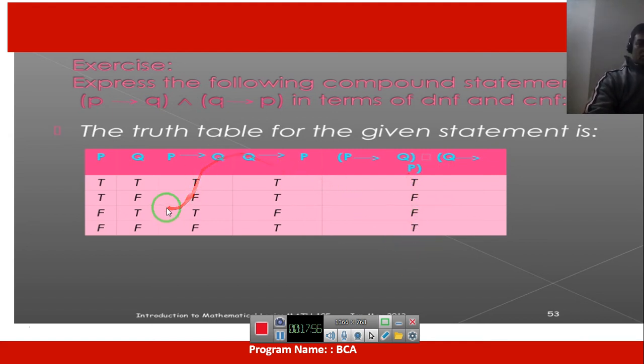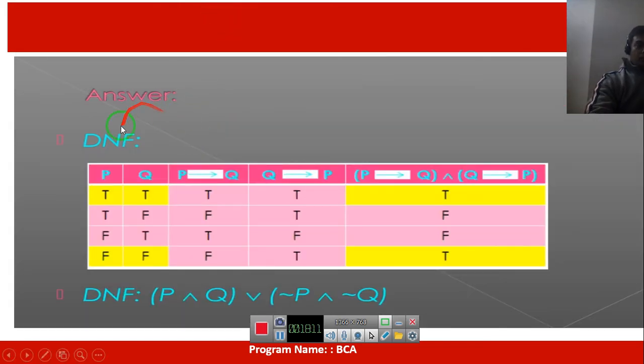As we have already discussed, in the conditional, if both are true the result will be true, and if both are false, again the result will be true. The DNF form is given by the rows where the result is true.